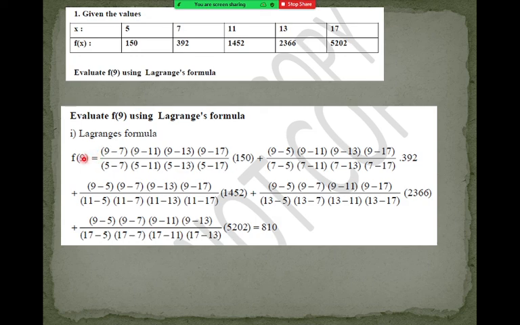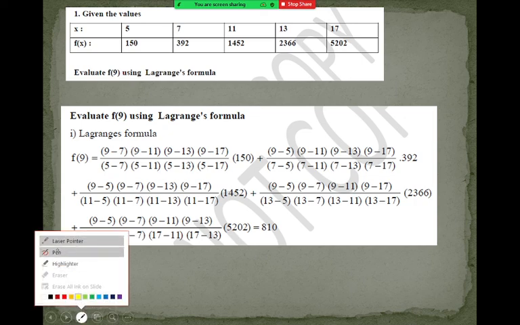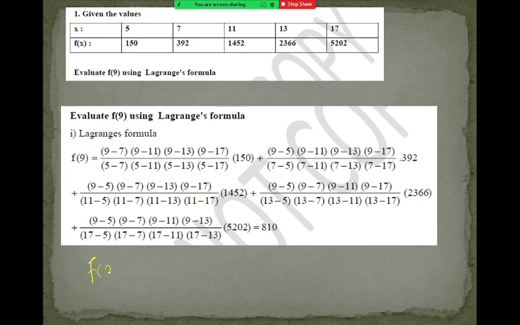Now, x is replaced by 9 because we want f of 9. There is no question asking to find the interpolating polynomial, so don't waste your time to get that interpolating polynomial, because that simplification is too lengthy. First, you can write the formula if you want, like I already told here, that f(x) equal to, you can start this way also, x minus b, my mistake.